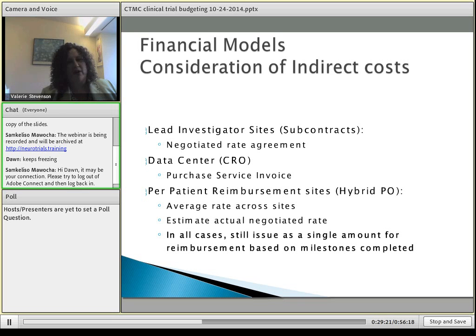But there are some implications for that. Many times if you're using a subcontract, the facilities and administrative rate that you have to pay the other institution is higher. So if you're supporting 10% of someone's effort and their facilities and administrative rate is 75%, that means for every $1 that you pay for their salary, you're also giving them 75 cents on top of it for their institution.